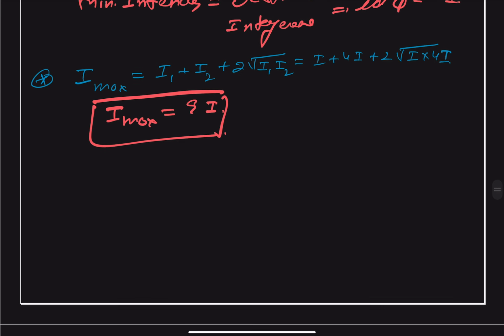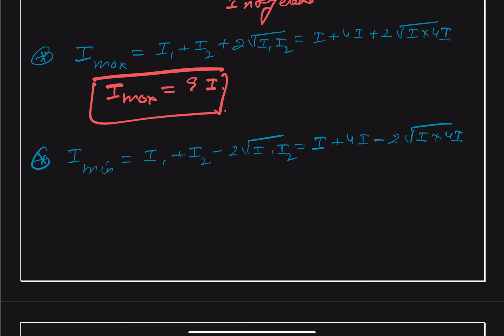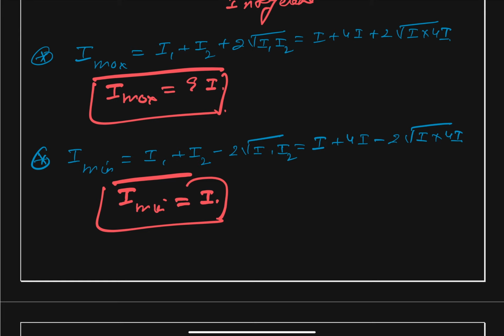We find out now the minimum intensity. I minimum will be once again I1 plus I2, cos of phi is minus 1, so this comes minus twice root I1 I2. So this will be I plus 4I minus twice root of I times 4I, giving us I minimum equal to I. So this is our maximum and minimum intensity.